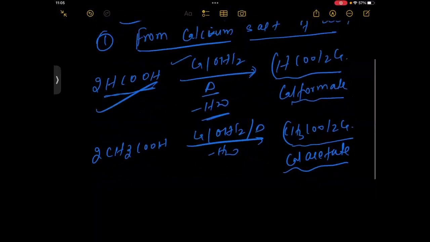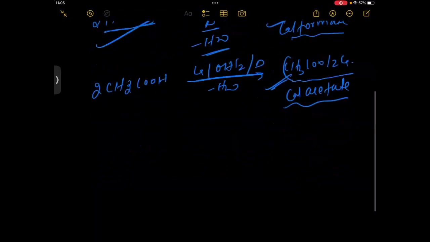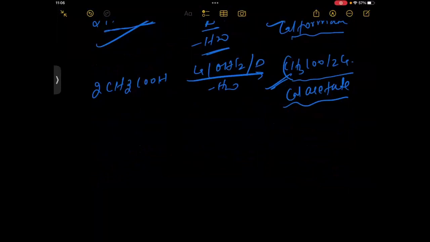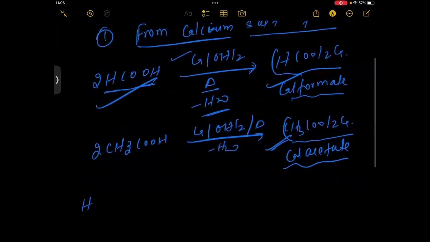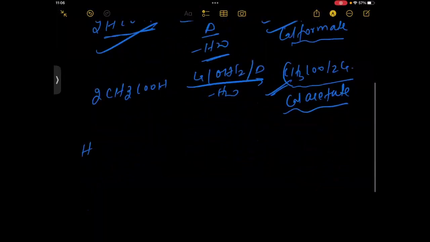Okay, now see how it will happen once you form the cal formate or cal acetate, then you can see how to obtain the product. First I write here same reaction, same cal formate I write in such a way, H C double bond O O, H C double bond O O, and here is the calcium.